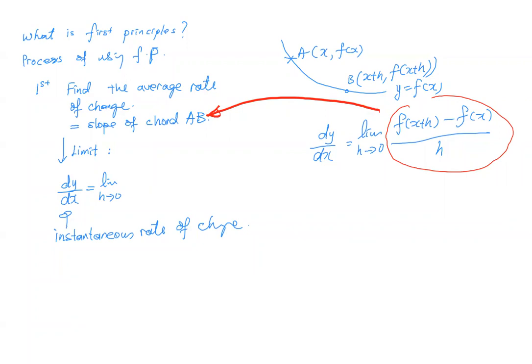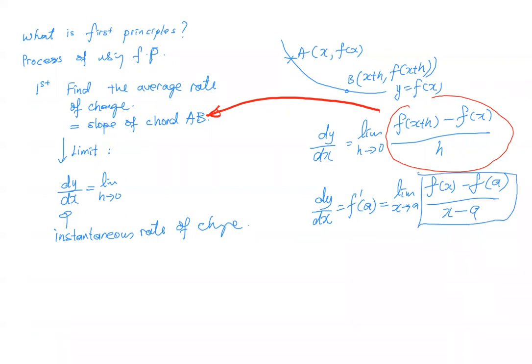They also can give you f prime a is equal to limit x tends toward a, f(x) minus f(a) over x minus a. I can also have this formula. So what does this represent? It also represents the slope of the curve, the average rate of change between x equal to x and x equal to a. These are the very important things in first principle that you have to know.